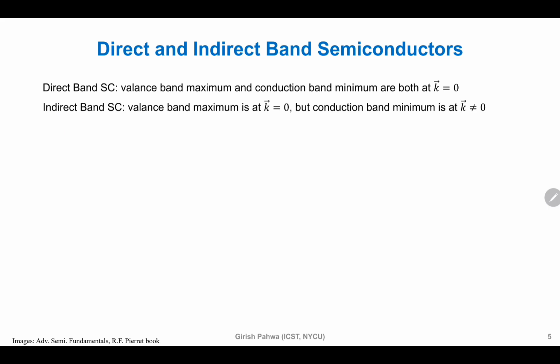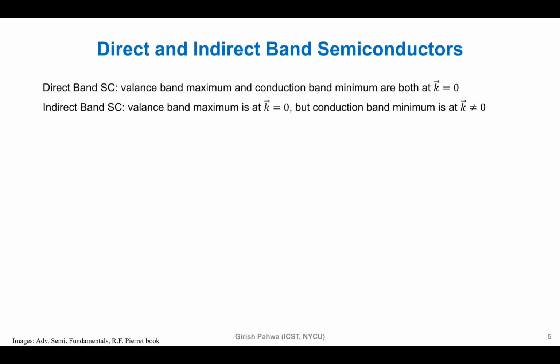Do you remember, the valence band maximum was always at the gamma point. Remember, there was the gamma point, X point, L point and all of that, when we were talking about the constant energy surfaces and the Brillouin zone. So gamma point is the center. The Brillouin zone center is the gamma point.